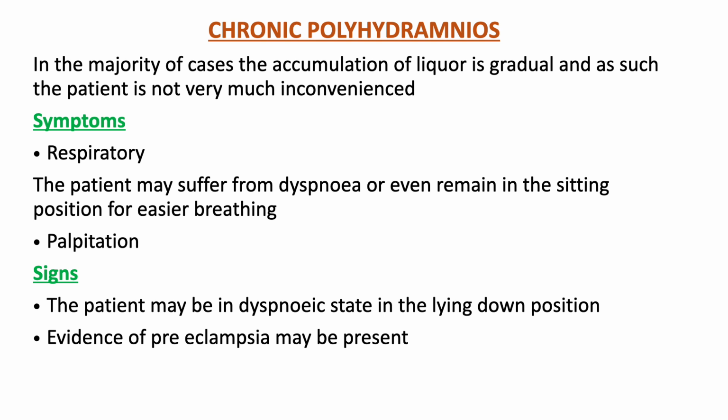Signs: the patient may be in a dyspneic state in the lying down position, with evidence of preeclampsia. Always when we speak about preeclampsia, it includes three features, that is edema, hypertension and proteinuria, which may be present. So these are the symptoms as well as the signs of chronic polyhydramnios.